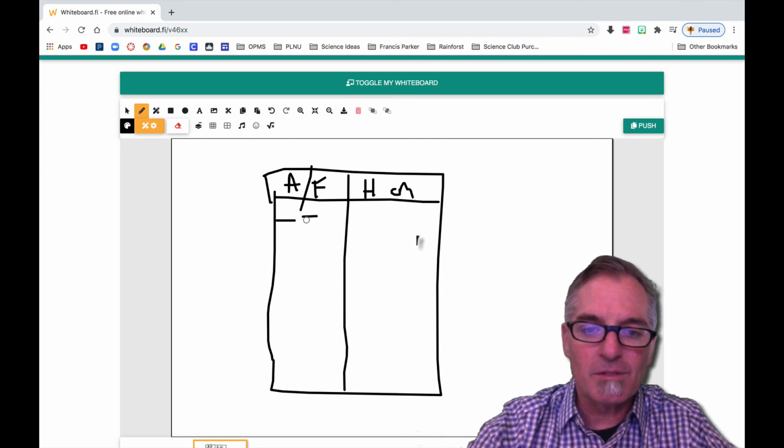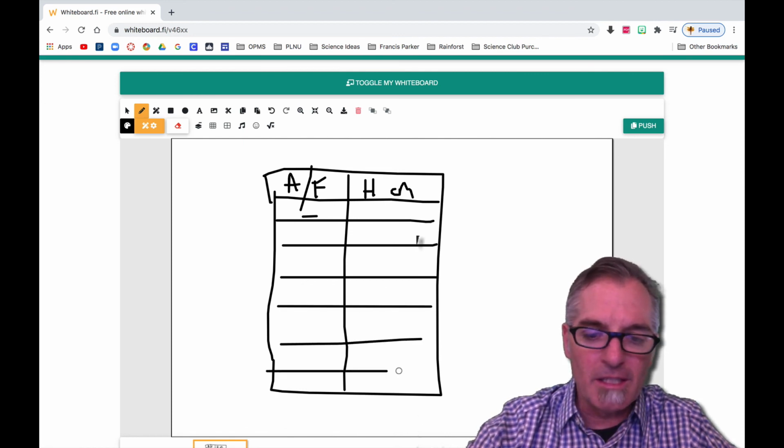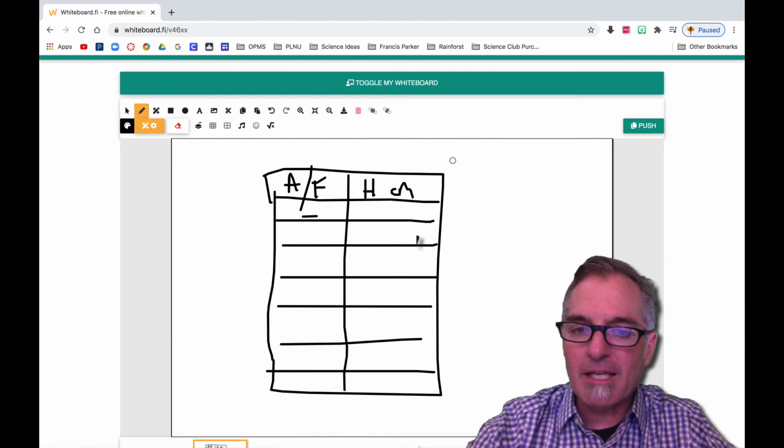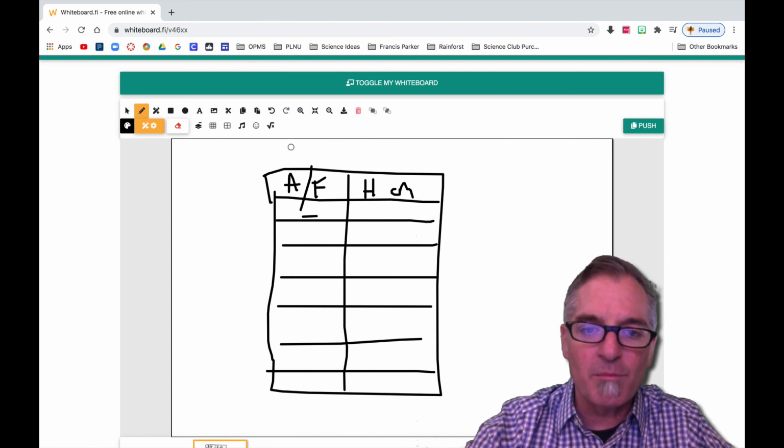So this is our data table. I do believe that when you make a table like this, the first column is always going to be your independent variable. Your second column is always going to be your dependent variable.